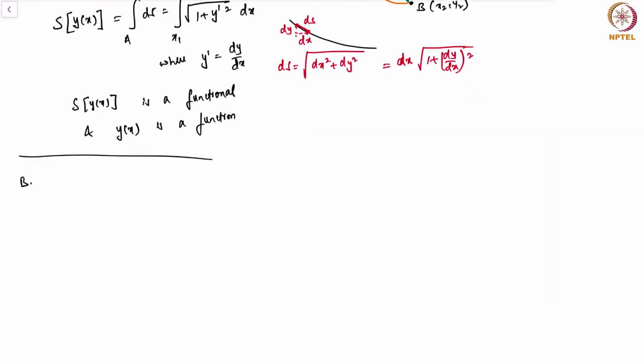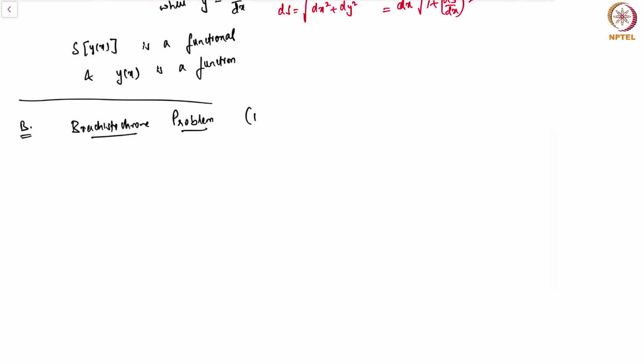Let's look at a slightly more interesting problem. This is the so-called brachistochrone problem. So this problem was originally postulated by Johann Bernoulli.